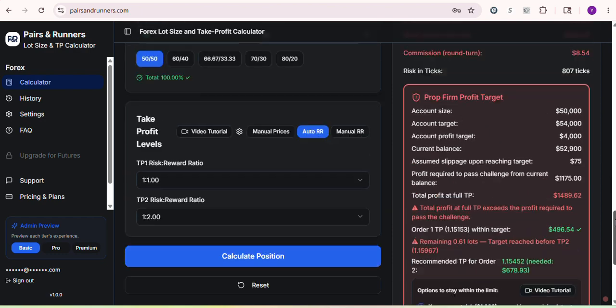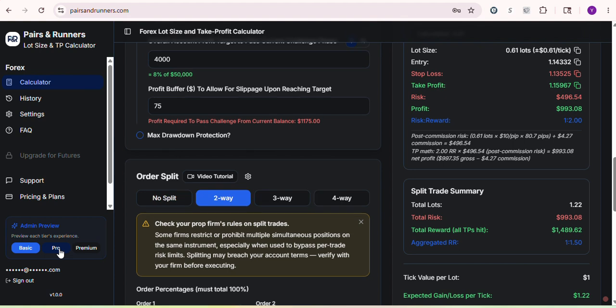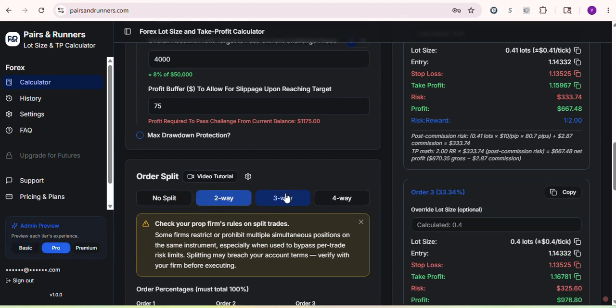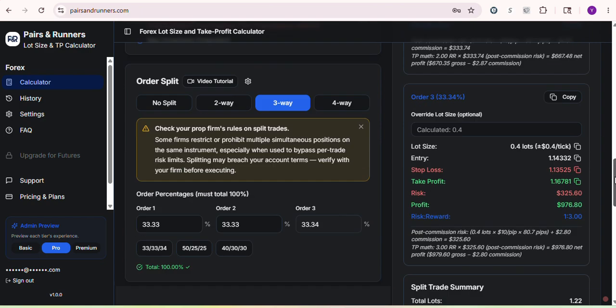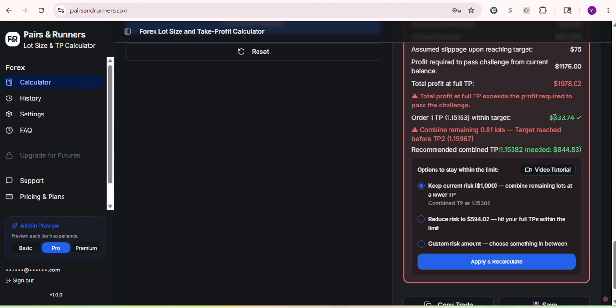And if we have a three-way trade, so this is for Pro and Premium users, let's change the subscription level to Pro for a moment. Let's say we have a three-way trade, and we're over the limit. So TP1 is within the limit, and TP2 and TP3 are both over the profit target.